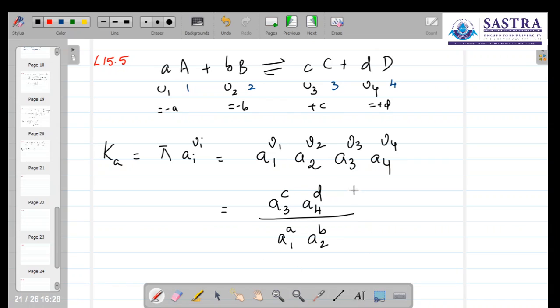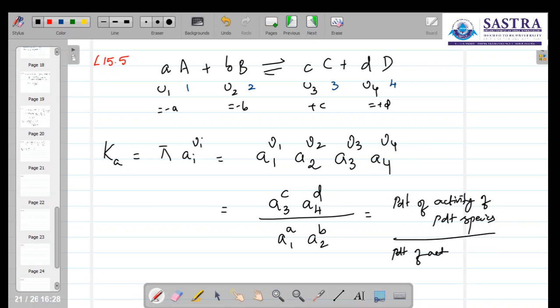So that eventually shows that it is the product of activity of product species, and here it is the product of activity of reactant species.